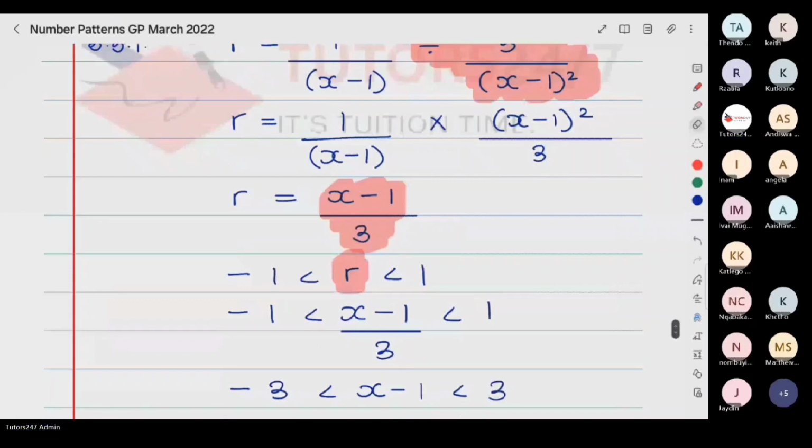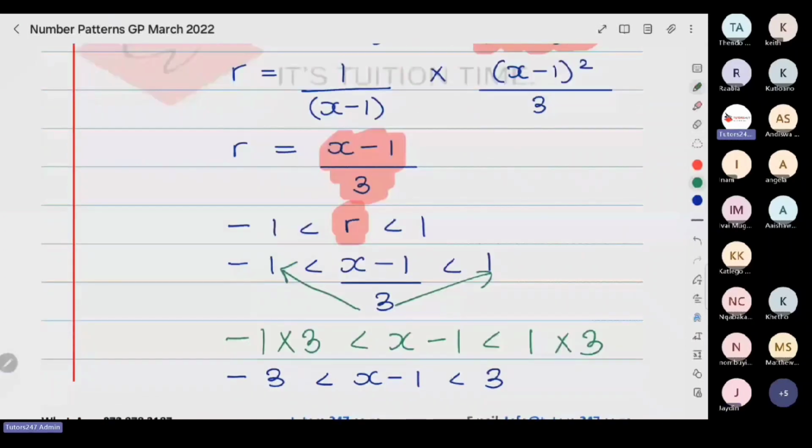So here it became -1 times 3 and +1 times 3 because I cross multiplied. Then the -1 stayed there. I didn't move it as yet. Was that your question?